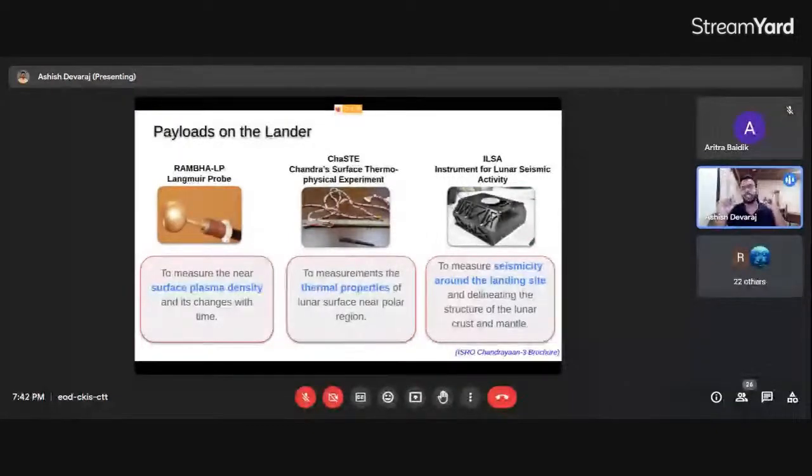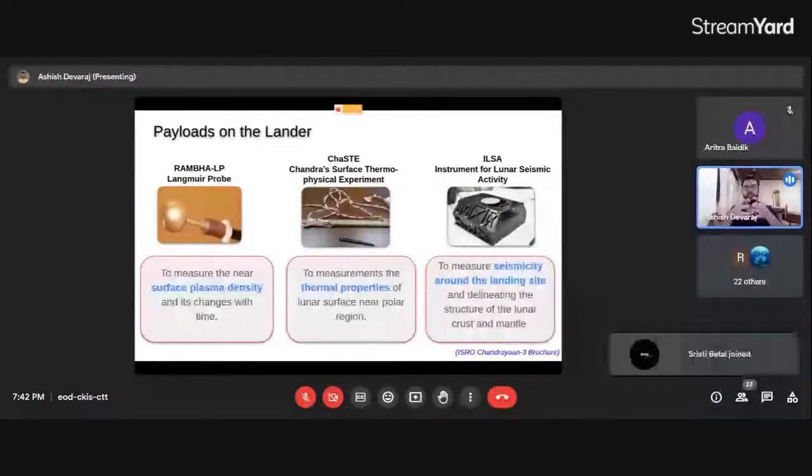With this ILSA payload, if you know the seismic waves, how they are traveling, how intense they are and all that, we can model the interior of the Moon: what state is it in, is it in a liquid form, are there multiple layers, is there a mantle, is there a core, what is the core made up of?